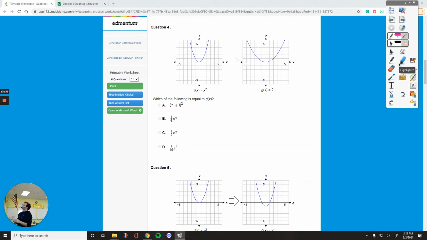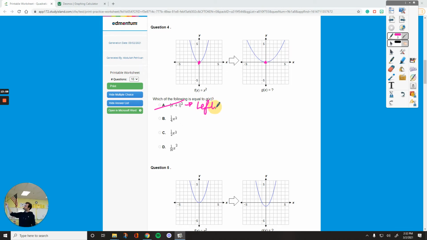Okay, this right here is either vertical stretch or vertical compress, because the vertex is the same. We didn't move it left or right. We are not going to add a number. We are not going to subtract a number. So that's gone. That's a horizontal movement because we are just altering the x value. It's positive.